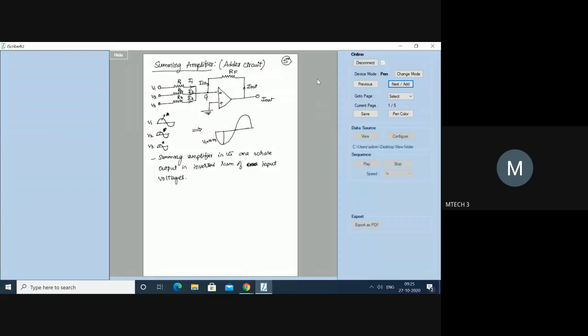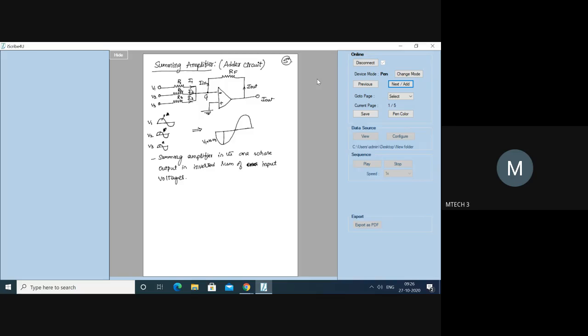The other terminal is grounded. RF is the feedback resistor.